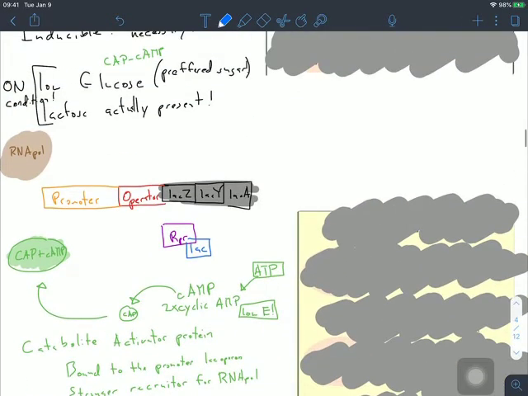You can go ahead and make this series of lac operon structural genes if you need them.